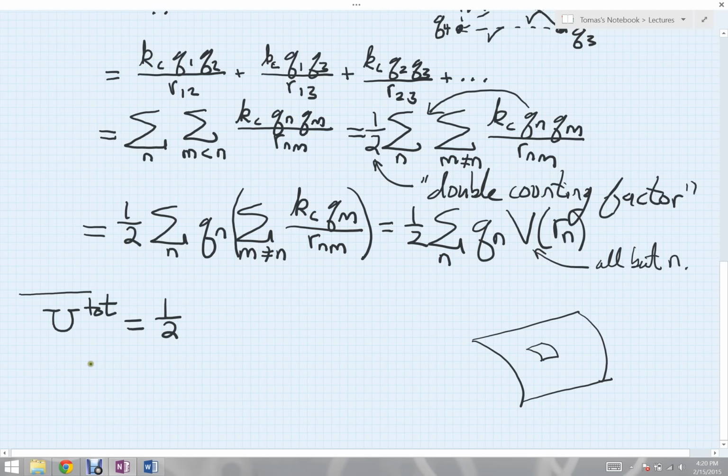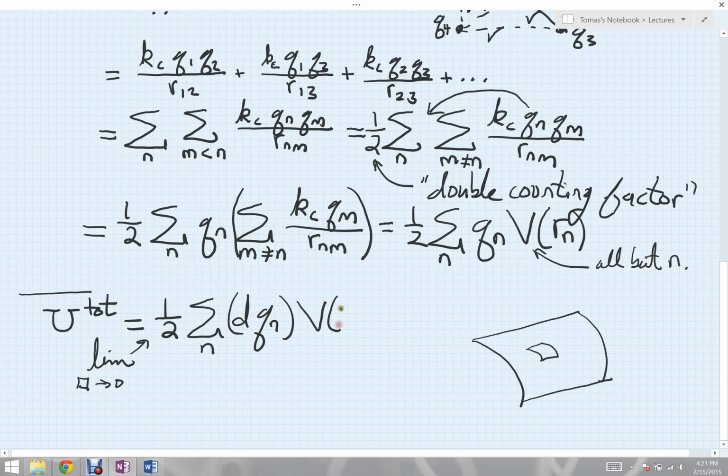So in the limit that my little patches go to 0, or I have an infinite number of them, I would then have a sum over all of my charges, the tiny little charge dqn on each of my patches times the potential at the location of that patch.